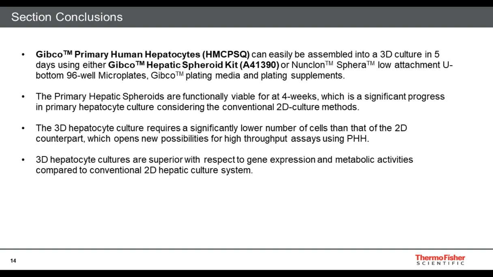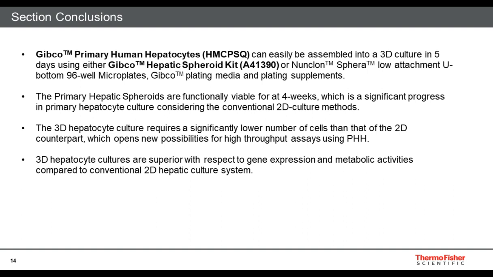Yeah, I think we'll demonstrate at least in part that the human hepatic spheroid cultures are functionally viable for at least 4 weeks, substantially further than their 2D counterparts. Again, much lower numbers of cells are required for equivalent activities.